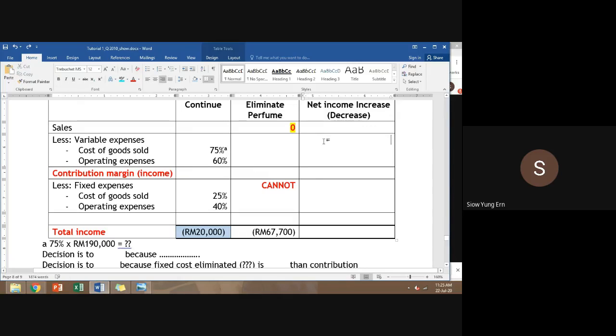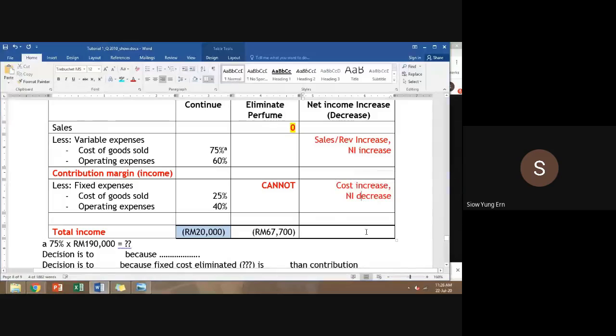Okay, class. Sales or revenue increase, net income increase. It moves in the same direction. But for cost, it will move in a different direction. Cost increase, net income decrease. Different direction.